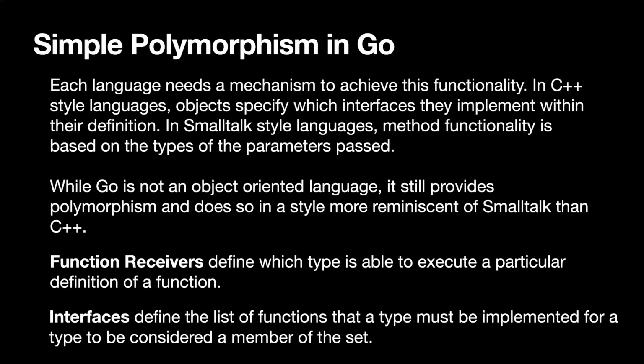So in this case, we would say, well, if you want a triangle, you have to have getName, and you have to have display, and you have to have setColor for your triangle type that you've defined. And that's basically polymorphism.